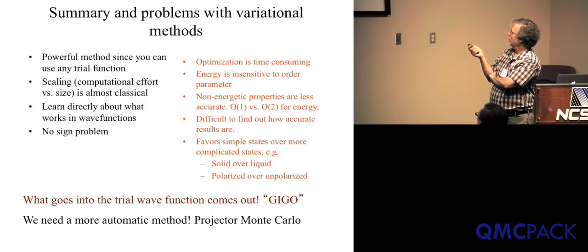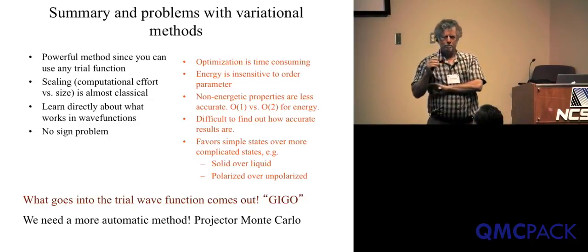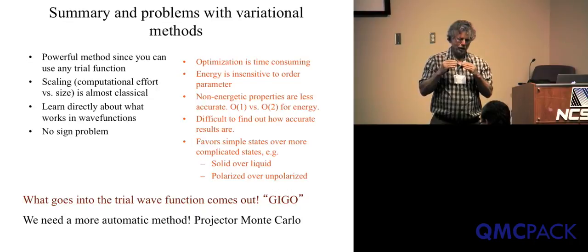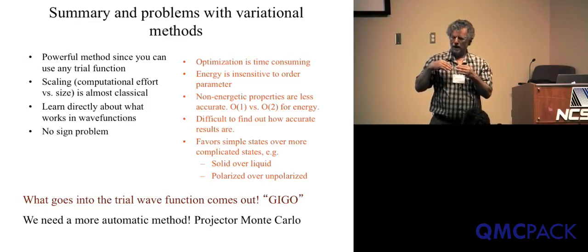But there are some problems. The optimization is time consuming. The energy is insensitive to order parameters. That means, for example, there are certain parts of the energy that fluctuate more, but that may not be the part that you're interested in. Like you may be interested in the energy to magnetize the system.